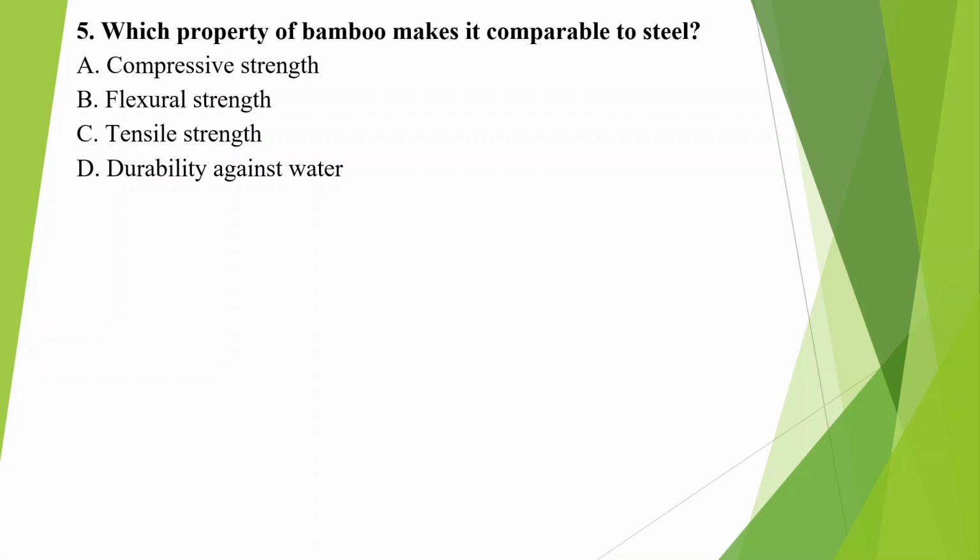Which property of bamboo makes it comparable to steel? This is a very good point. All should know this whenever they are working with it. This was discussed with you all. So whenever you are going for bamboo construction, what do you think is the correct answer? Which property of bamboo makes it comparable to steel?